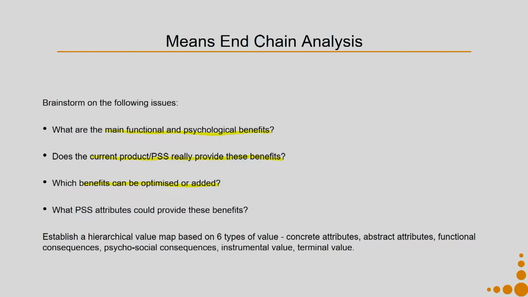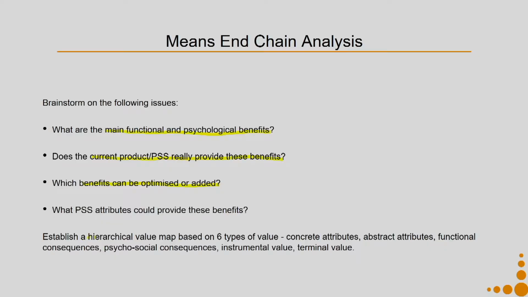Once you have checked whether it is being fulfilled or not, you identify which can be optimized or added, and what PSS attributes could provide these benefits. Once the brainstorming is done, the means end chain analysis comes into the picture, which is basically analyzing whatever you have got out of the brainstorming. While you do this analysis, you will be able to come up with more functional and psychological benefits.